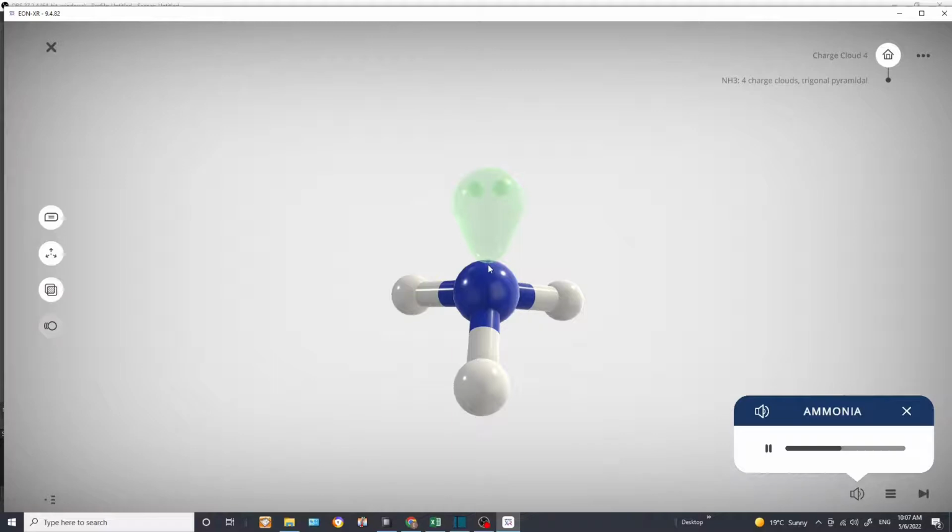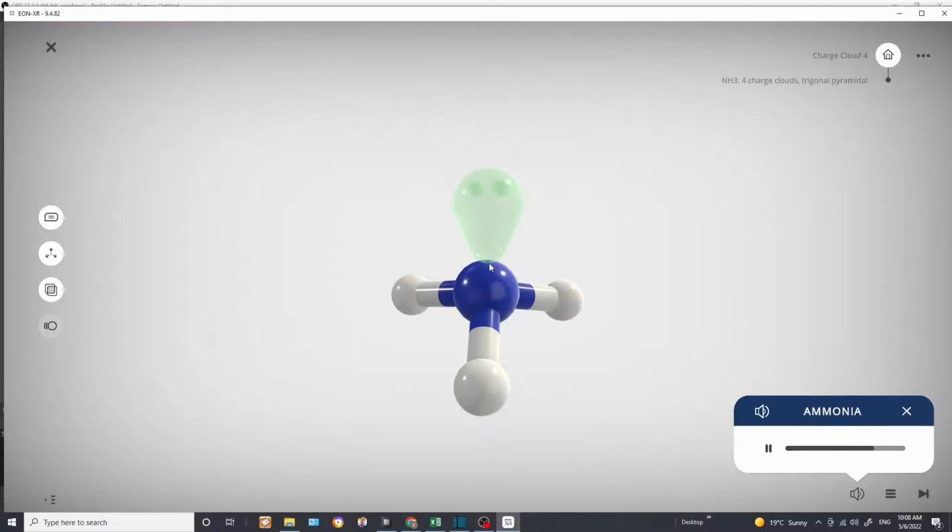But now remember, when you look at the molecular geometry, we cannot see that lone pair. We can only see the atoms. But that charge cloud is influencing your geometry. So therefore this geometry is trigonal pyramidal. If we had only 3 charge clouds, it would have been trigonal planar.